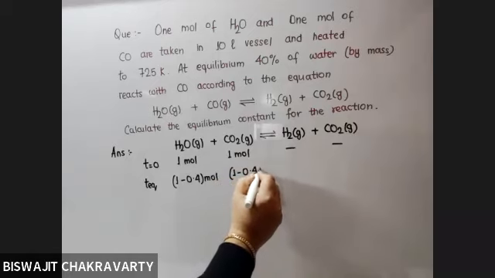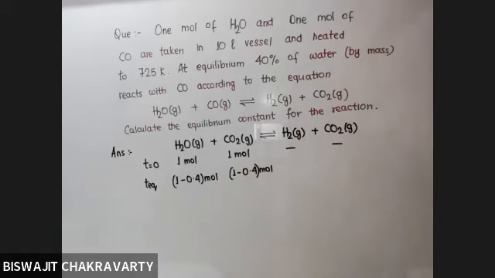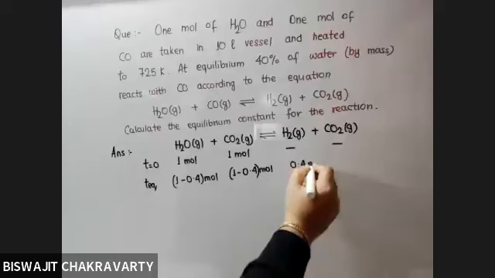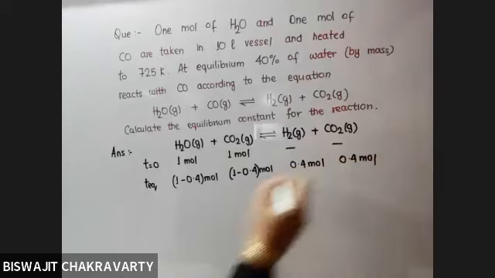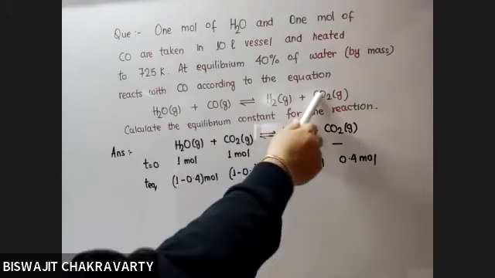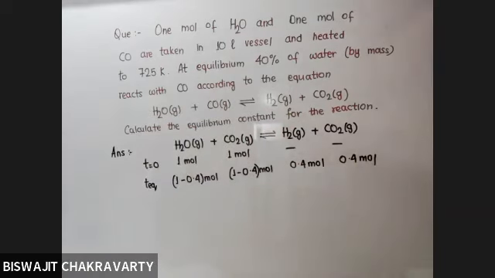Why? Because the molar ratio is 1:1, and the products that will be produced will also be 0.4 mole. See whether this step is clear or not. 1:1:1:1. If 40% reacts from here, 40% will also react from this, and the products formed will be 40% only.